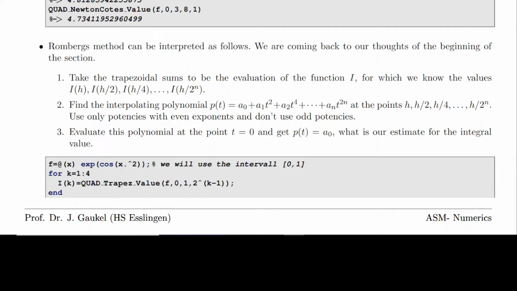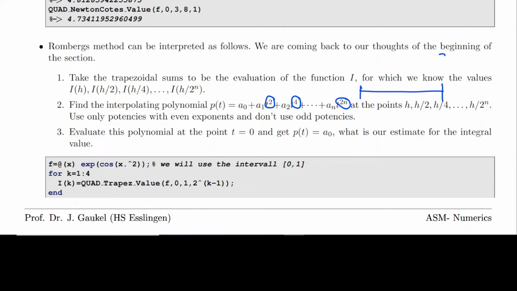Romberg is exactly doing what was our first idea, but with a slight modification due to the fact that we have only even hypotheses, so we will modify that a little. So we can take the trapezoidal values.